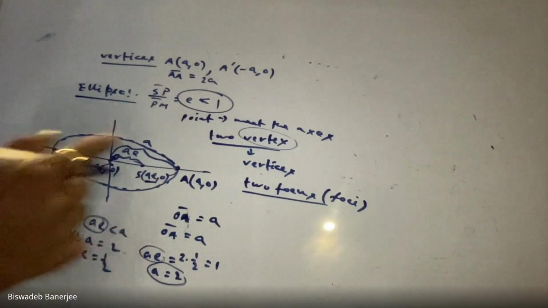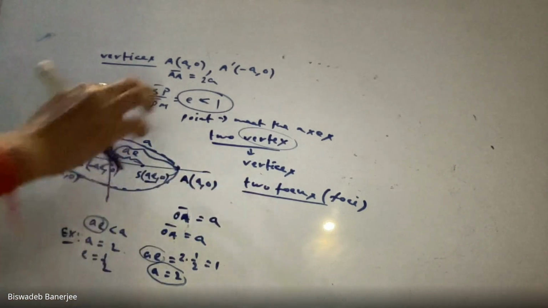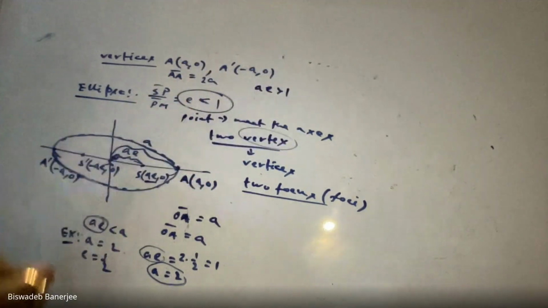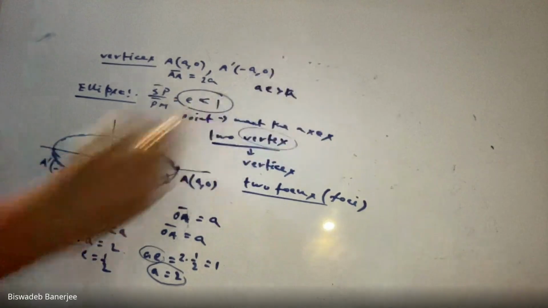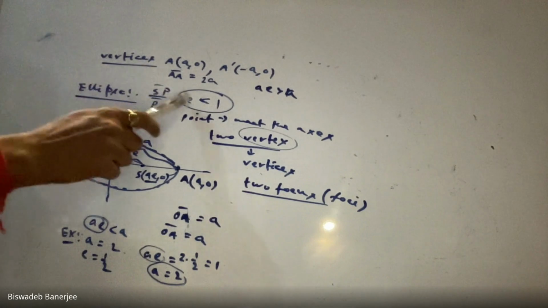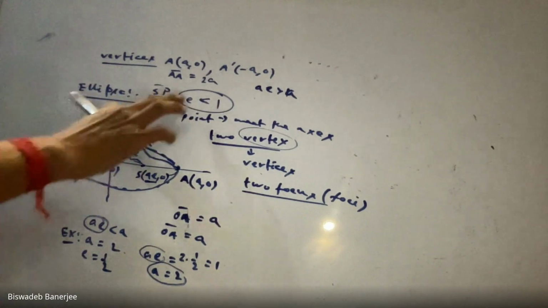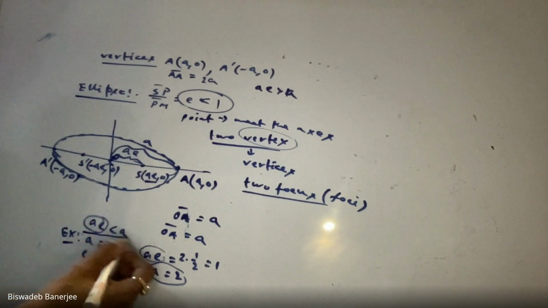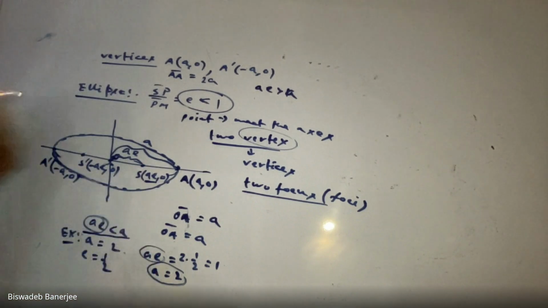That case will be under hyperbola, because for hyperbola e is greater than 1, and in that case my ae will also be greater than a. But since in ellipse e is less than 1, from this example you can easily understand that ae is less than a, so the focus will be inside the ellipse.